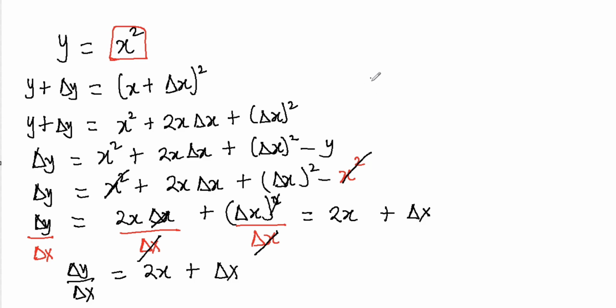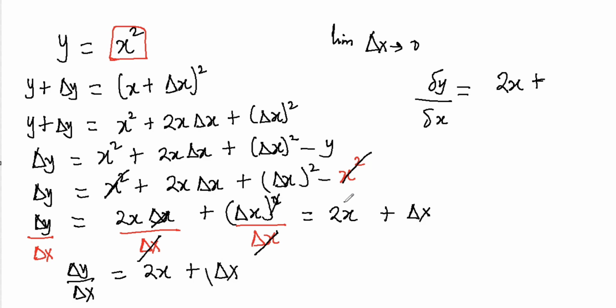So the next thing to do is to take the limit of change in x towards 0. So if I take the limit of change in x towards 0 here, we have dy/dx equals 2x plus change in x, where change in x is going towards 0.